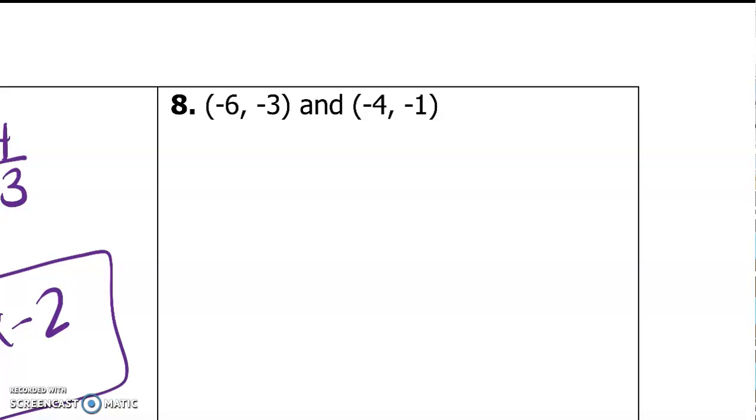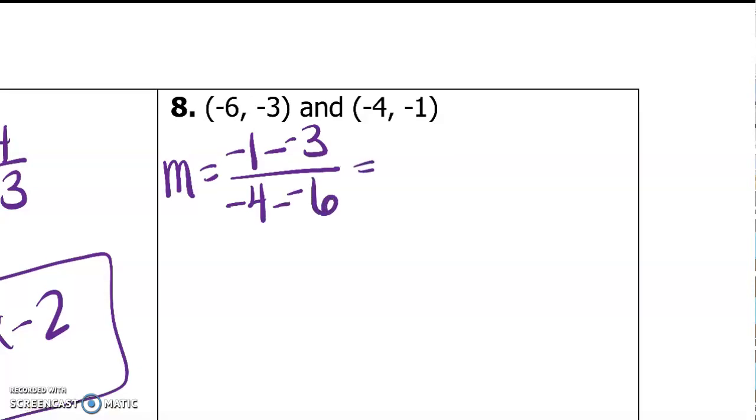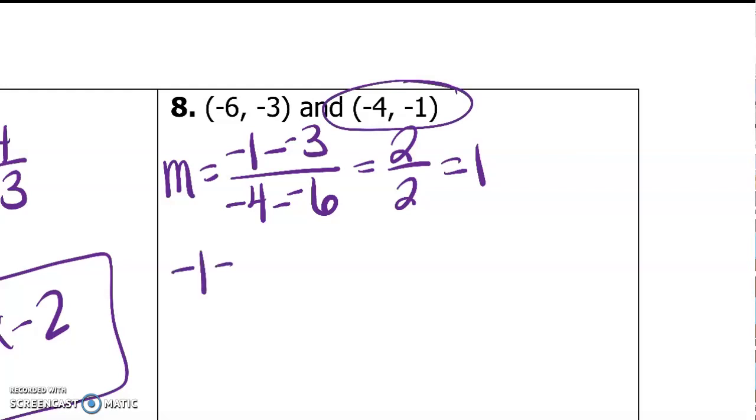Number 8, m equals -1 minus -3 over -4 minus -6. It gives me +2 over +2, which is just 1. So I would use 4, -1. -1 equals 1 times -4 plus b.